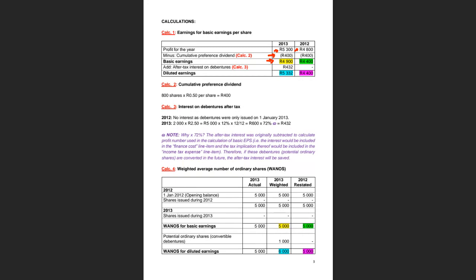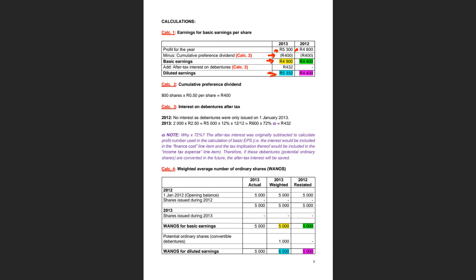Now we know that the convertible debentures were issued on the first day of 2013. Therefore, we don't need to weight it. We still need to calculate the interest though, because the convertible debentures are going to have a dilutive effect on our basic earnings per share. This is what we're doing when we're trying to calculate diluted earnings.